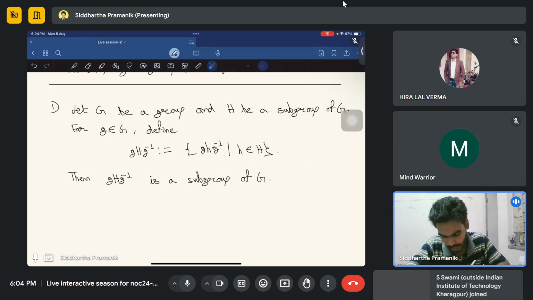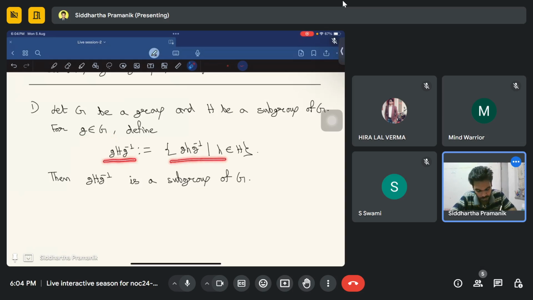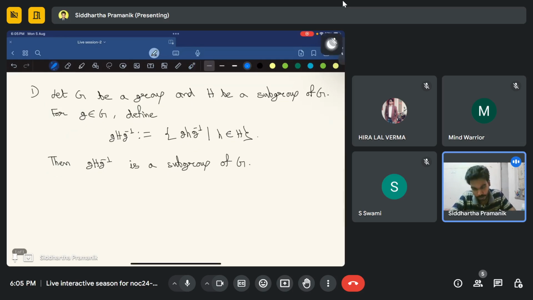We have taken an arbitrary element small g, and using this we have defined the set gHg inverse like this. So we need to prove this is a subgroup of the group G. So let's try to prove this.